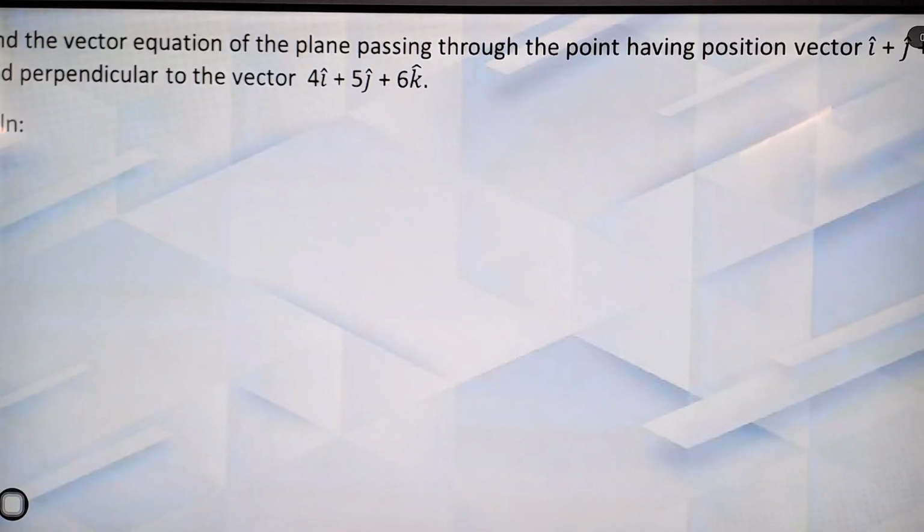Find vector equation of plane passing through point having position vector i bar plus j bar plus k bar and perpendicular to vector 4i plus 5j plus 6k.